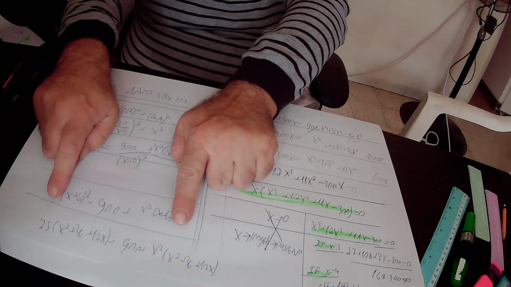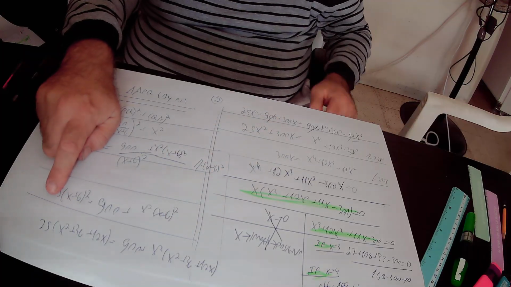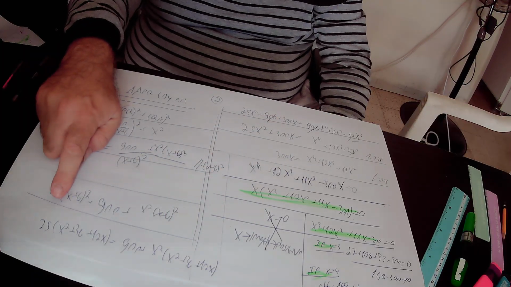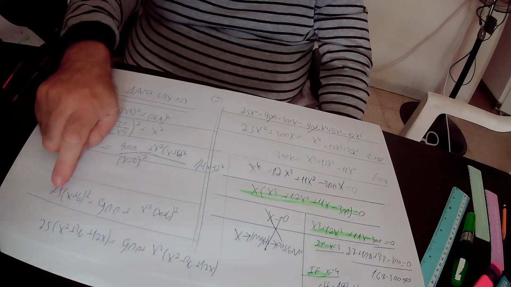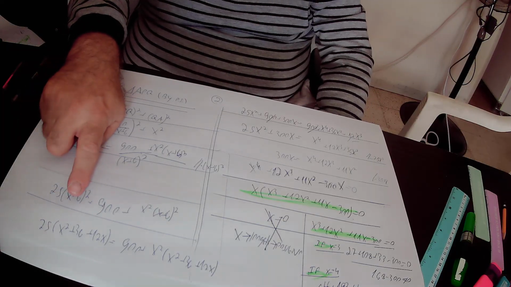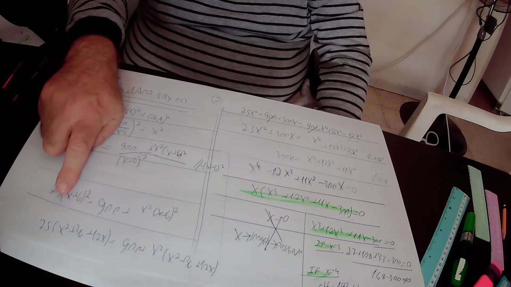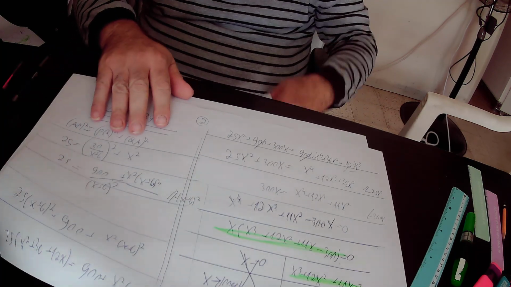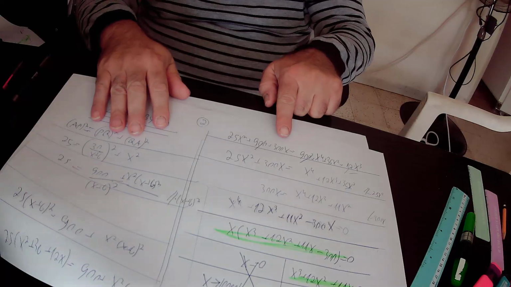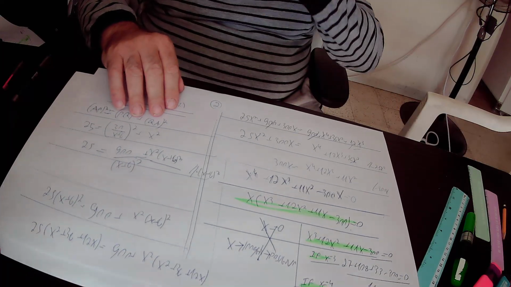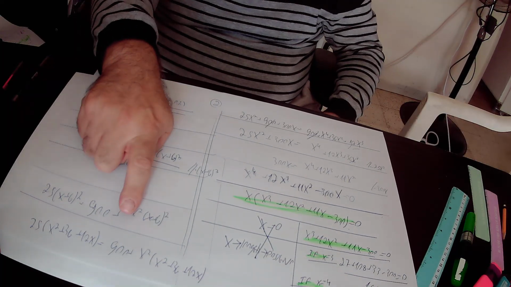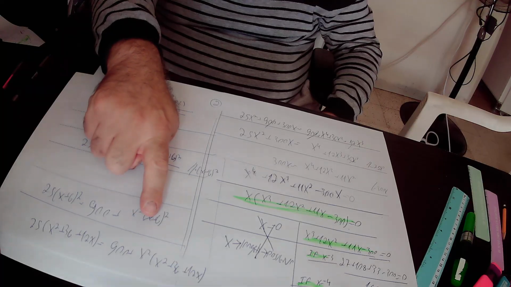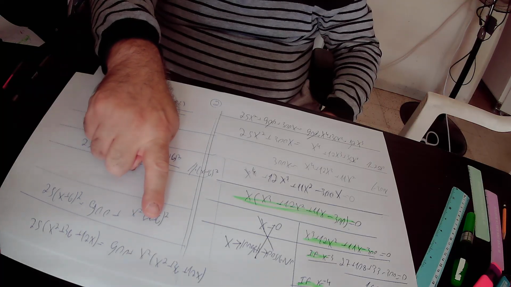Here we open the brackets on both sides of this equation. 25 times x squared is 25x squared, 25 times 36 is 900, and 25 times 12x is 300x. So inside the equation we have 25x squared plus 900 plus 300x equals 900 plus x squared times x squared plus 36 plus 12x.